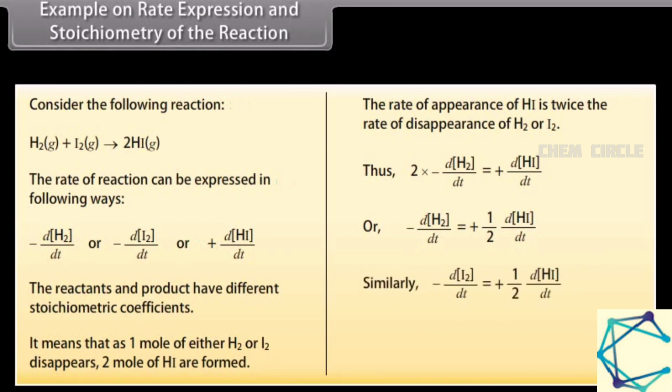Similarly, minus d/dt of I2 is equal to plus 1/2 d/dt of HI. Therefore, minus d/dt of H2 is equal to minus d/dt of I2 is equal to plus 1/2 d/dt of HI.